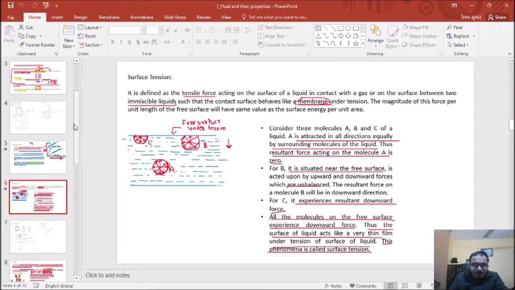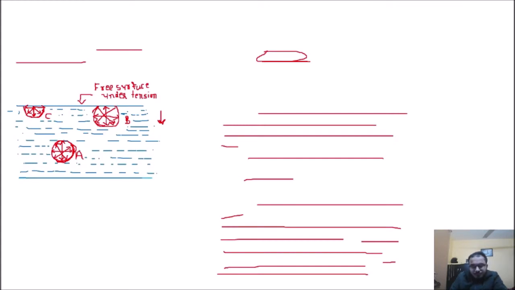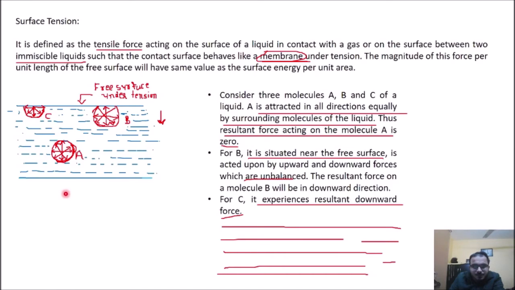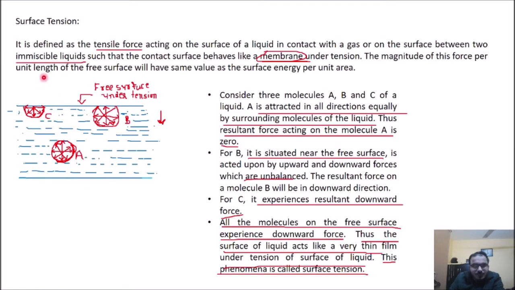First of all, we will quickly revisit our previous topics. So in our previous lecture we began with surface tension.